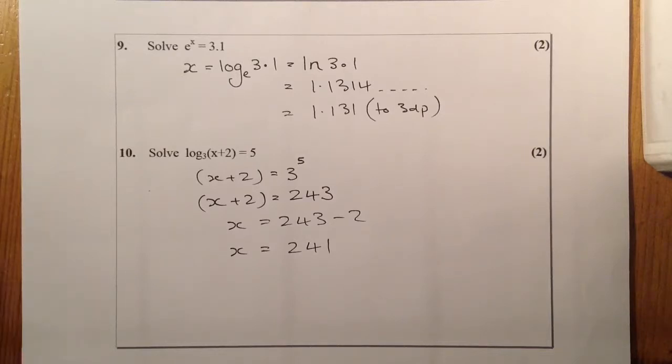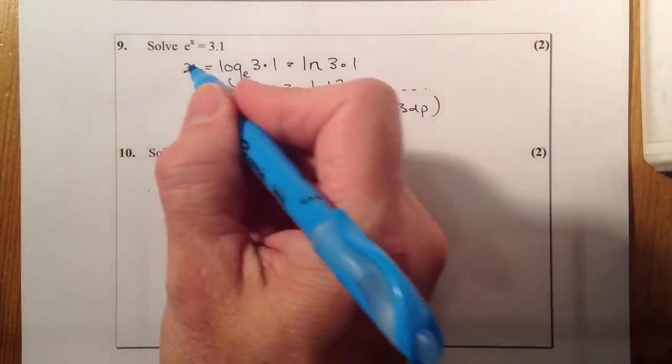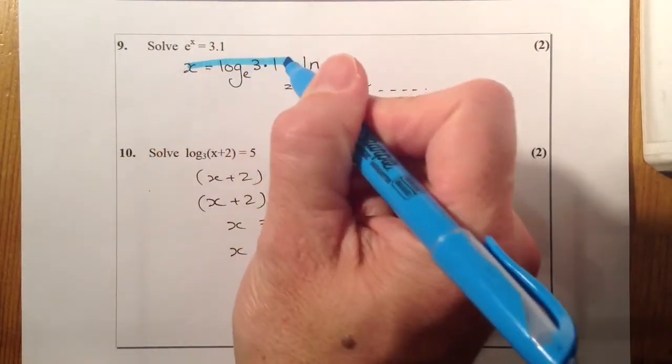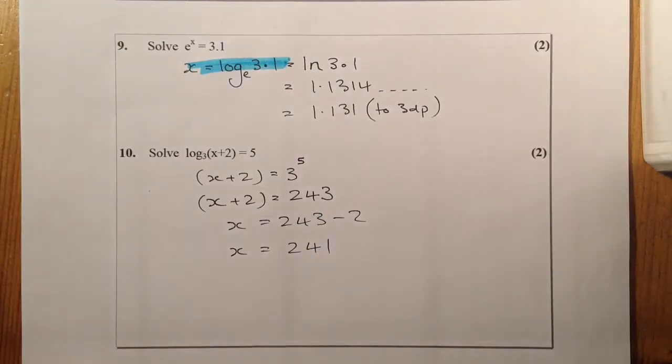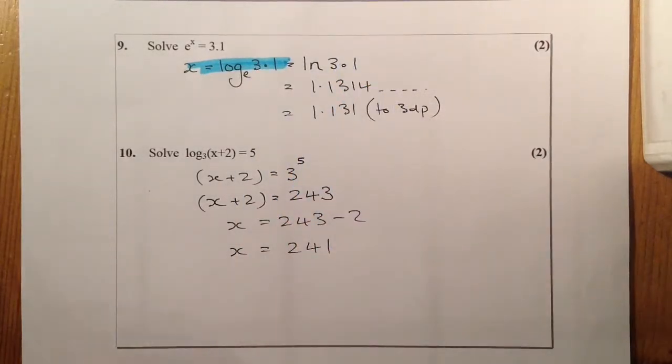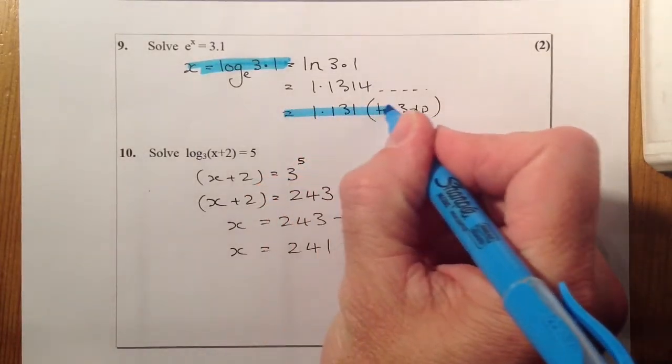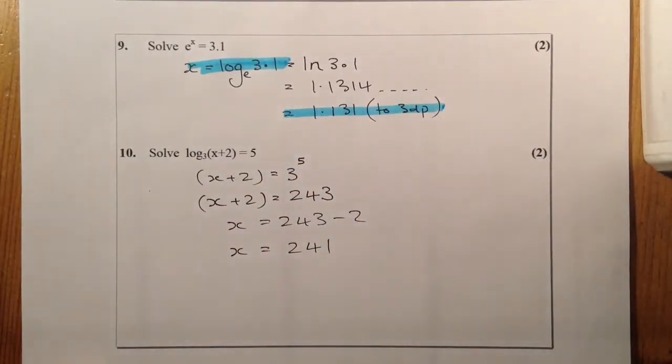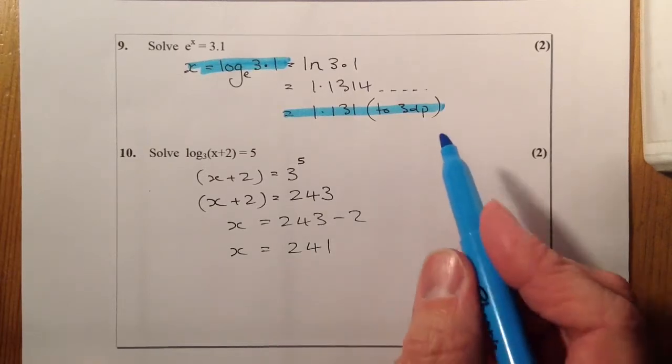Okay, so let's see the marking on this part of the question. So question 9, I'll get 1 mark for this simplification here, for the conversion from exponential form to log form. I can either get it for that or that there. And a final mark for getting this one here, and it must be to at least 1 decimal place. So that's 2 marks.